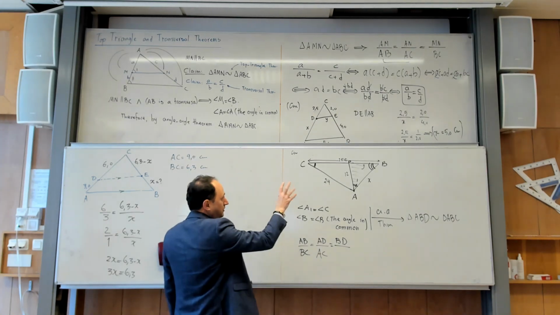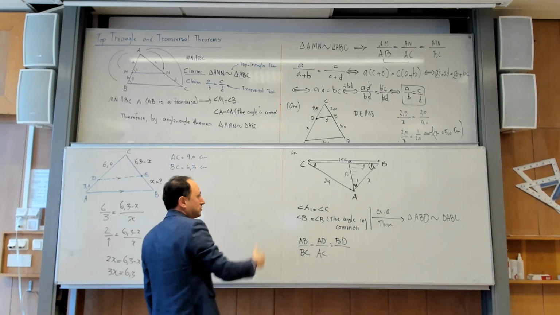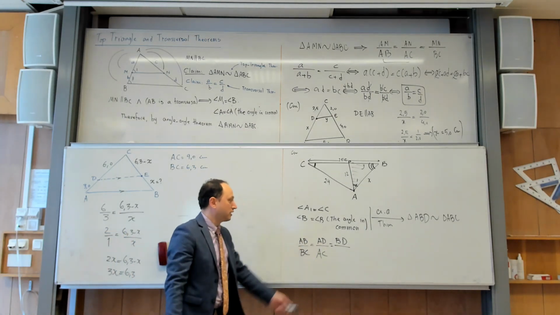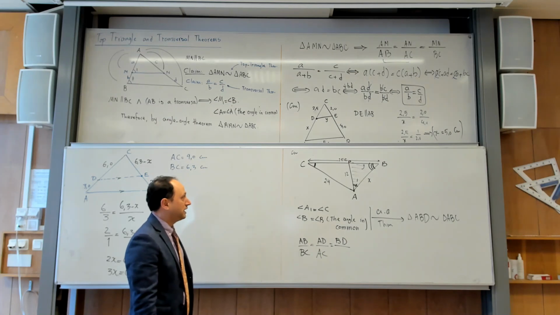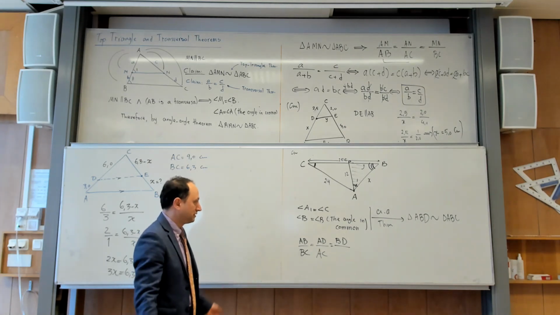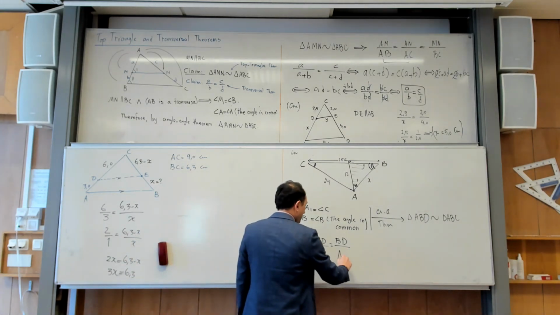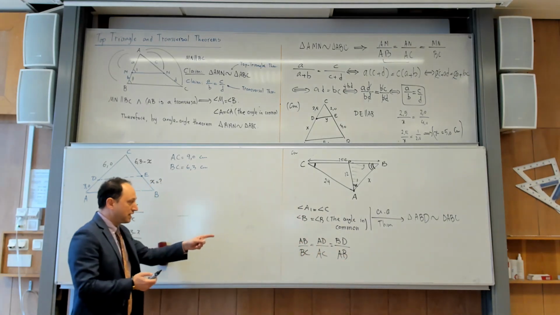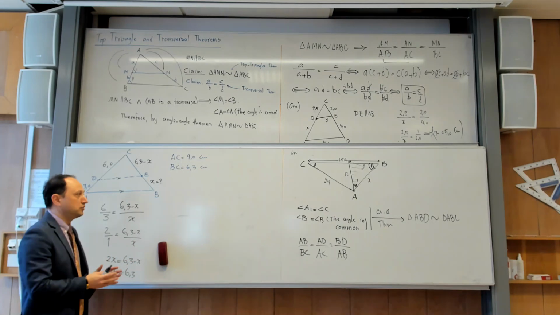Of course, if you have a good imagination, you can rotate or reflect it somehow so that you can write these things properly. Of course, when I write BD, what will be the next? That's the only one left. AB. So if you can understand how to write it down, it means you are really on the safe side.